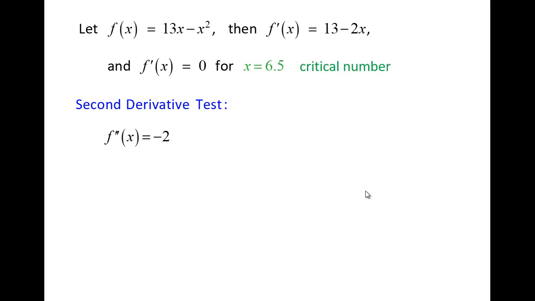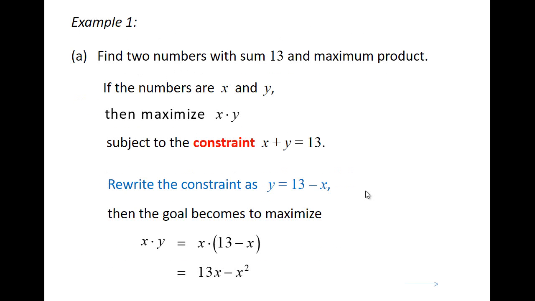And notice that there are many numbers that satisfy this constraint, right? For example, 13 and 0, 12 and 1. If I pick x to be 1 and y to be 12, then x plus y is 13 and x times y would be 12, so the product would be 12.